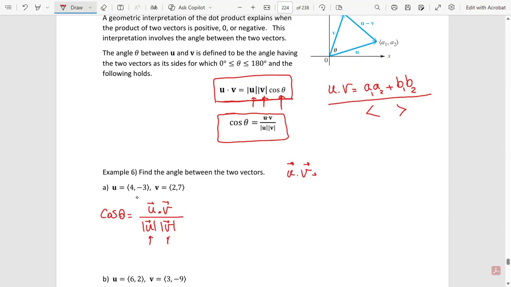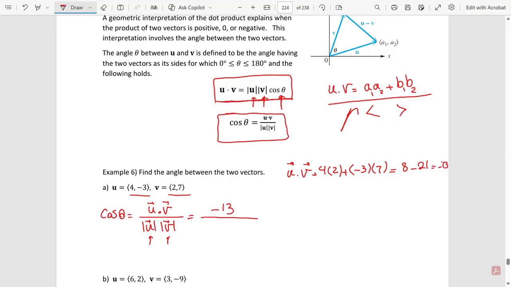When we have vector components, we multiply the horizontal components, multiply the vertical components, and then add them together using this formula. 4 times 2 is 8, negative 3 times 7 is negative 21, and 8 minus 21 is negative 13. So we found the numerator, negative 13.